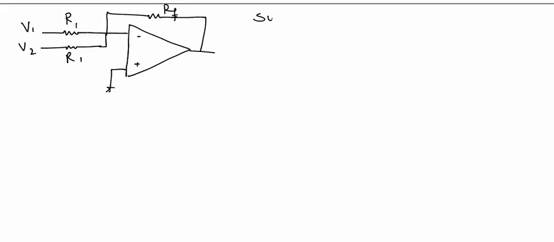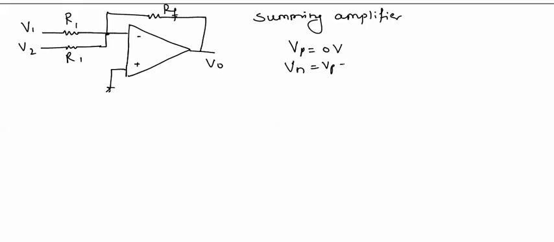This circuit is called a summing amplifier. It is an inverting amplifier basically. We can use a non-inverting amplifier also. So in this circuit the analysis would be the same. VP equal to 0 volts, so VN equal to VP will be 0 volts.